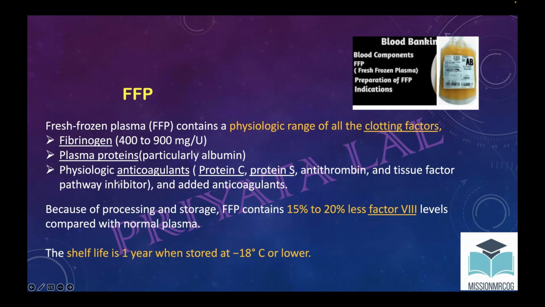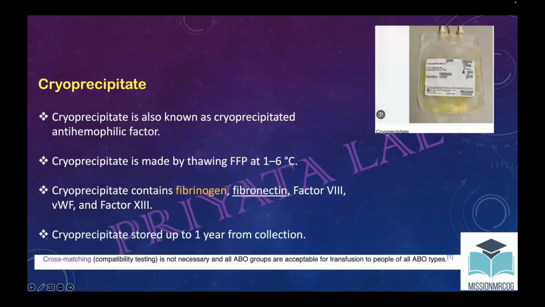Now another is cryoprecipitate. Cryoprecipitate is also called cryoprecipitated antihemophilic factor. It is made by thawing FFP at 1 to 6 degrees Celsius. It contains fibrinogen, fibronectin, factor 8, von Willebrand factor, and factor 13. The larger amounts it contains are fibrinogen and factor 8, because of which we also call it antihemophilic factor.